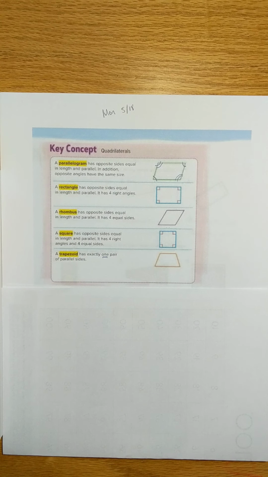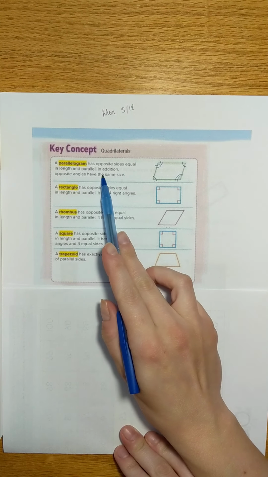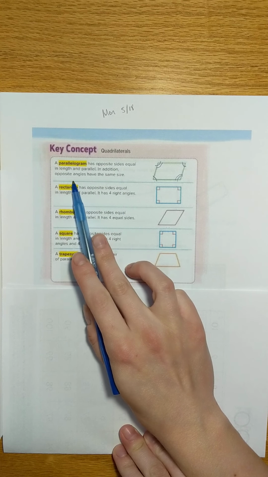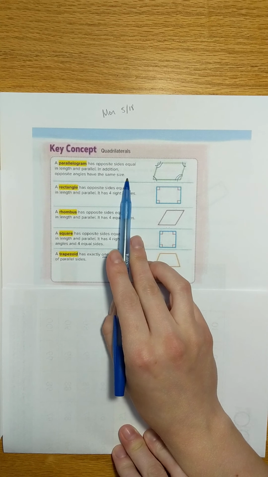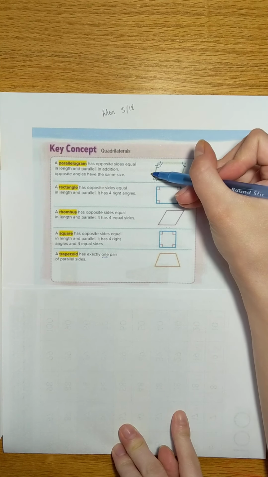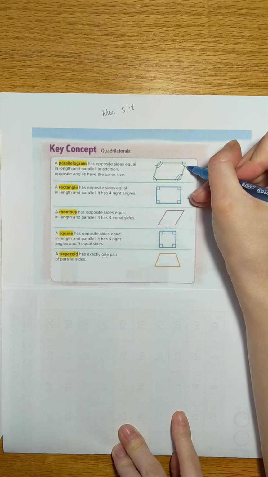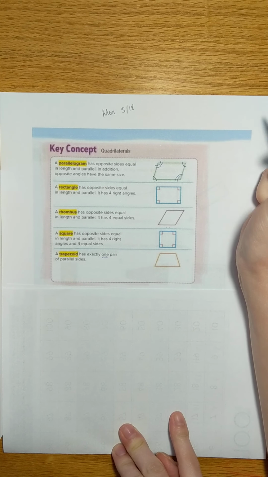A parallelogram has opposite sides, equal in length, and parallel. In addition, opposite angles have the same size. Now mine is going to look different than yours because I marked it. I marked that this part here, in addition, opposite angles have the same size. So that means this angle here and this angle here are the same measurement.